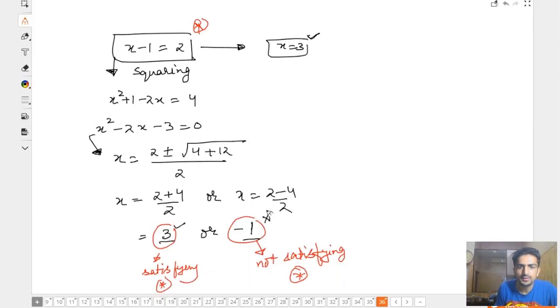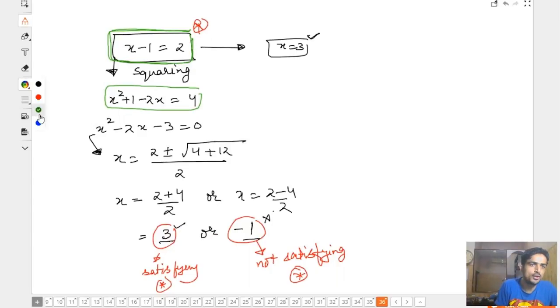Guys, there is difference between this equation and this equation. They are not same. When we square the equation, I will most probably land up having more solutions, which will not be the solutions of the actual equation.